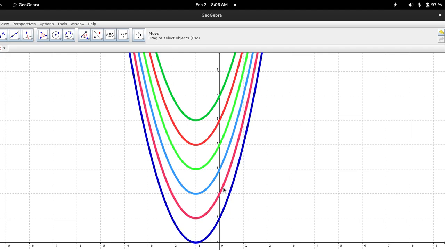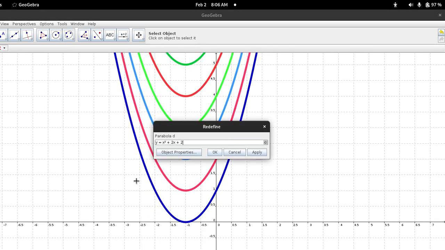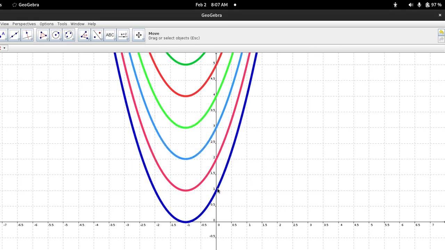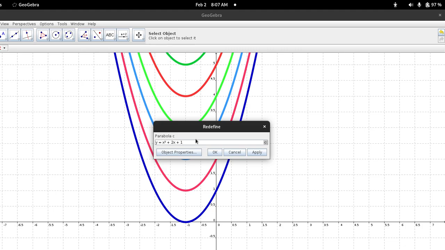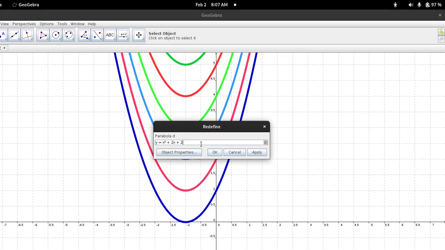Now here, suppose you do this now, plus x squared plus 2x. Alright, let's use this one. x squared plus 2x plus 1. Alright, and you have x squared plus 2x plus 2.